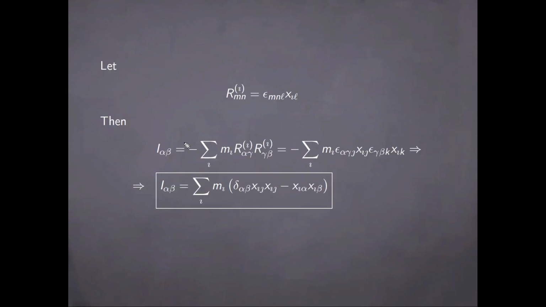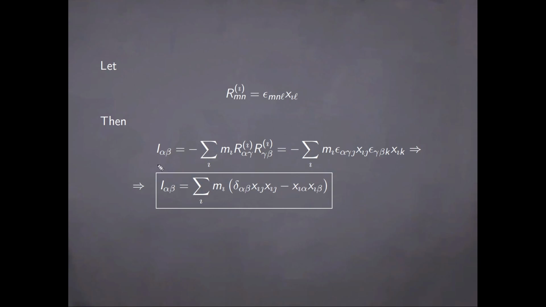And as a final comment on this topic, we can associate an antisymmetrical matrix to the coordinates of a given particle i, as shown here, so these are the components of the matrix, which is manifestly antisymmetric.